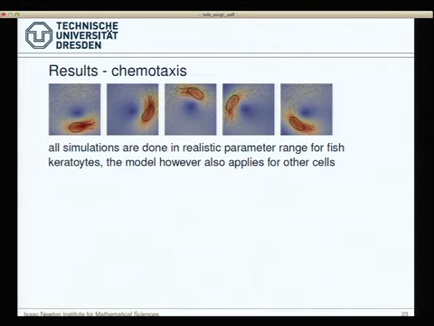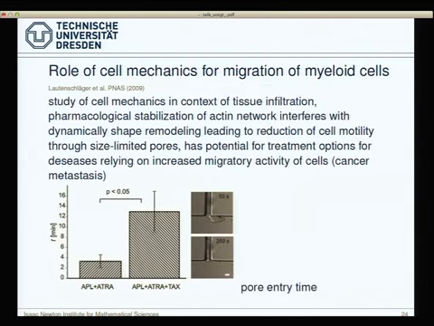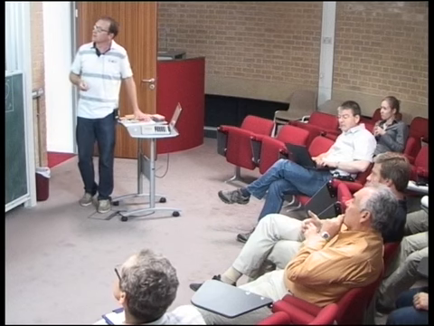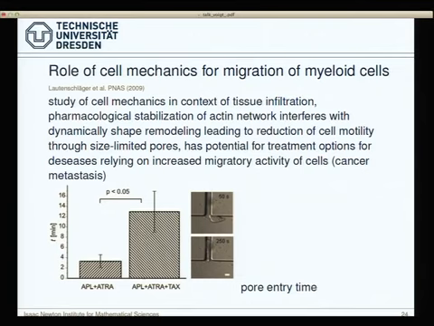And the model, even if set up and using parameters for this fish keratocyte, is quite general, and probably can be used for other cell types as well. Some more recent work with Jochen Guck and his group is on problems they studied a couple of years ago on myeloid cells, where they looked at tissue infiltration and how cell mechanics can influence this.